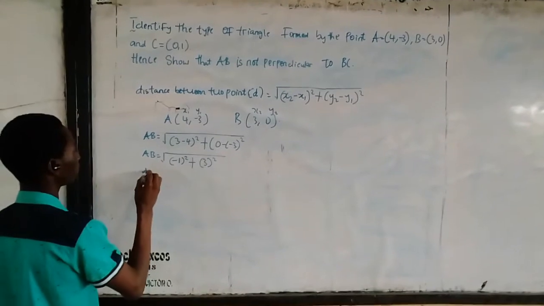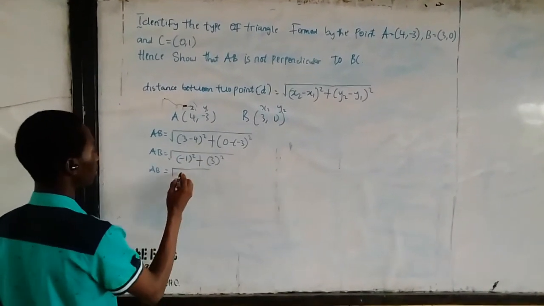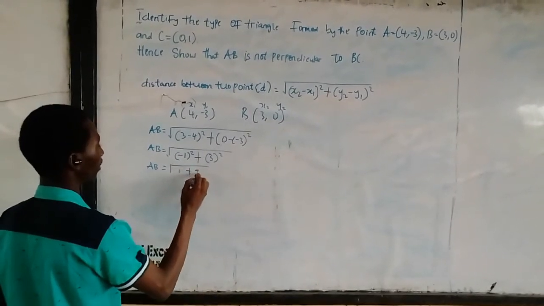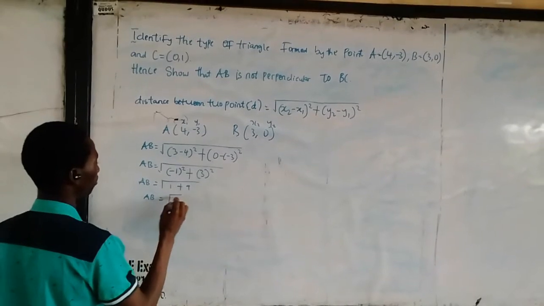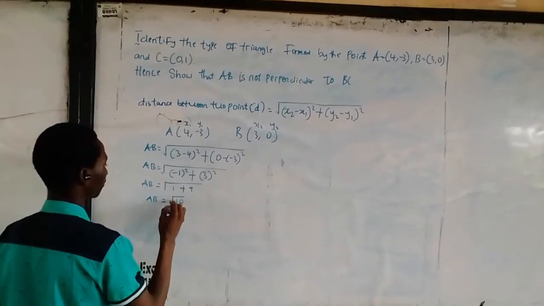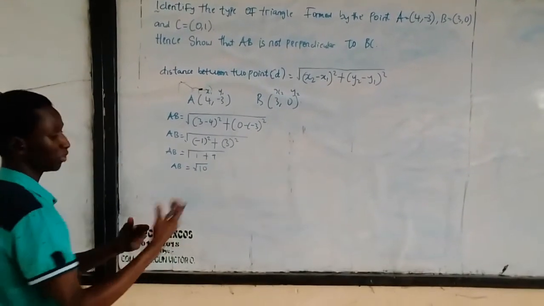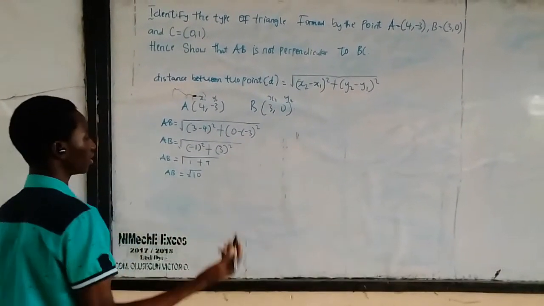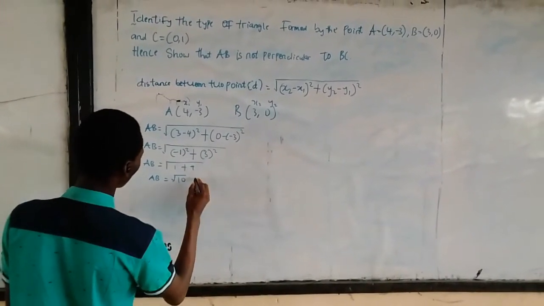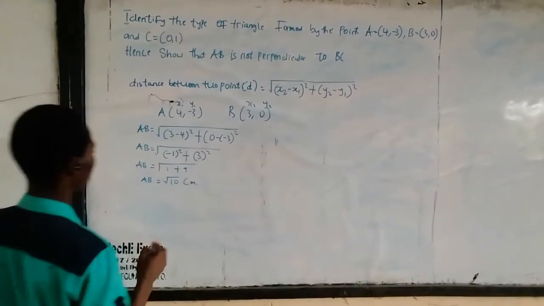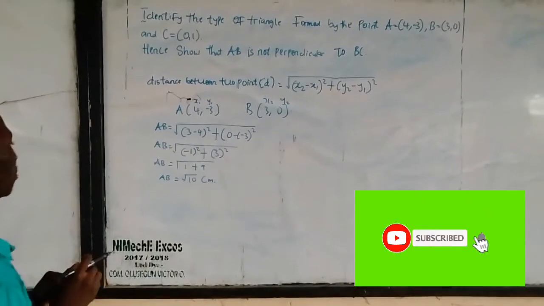So therefore, minus 1 squared is 1, plus 9. So therefore, AB is equal to root 10. The distance is going to be in either centimeters or meters. So you can leave it in centimeters.